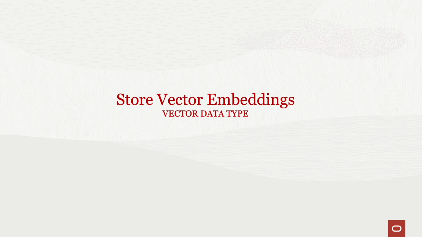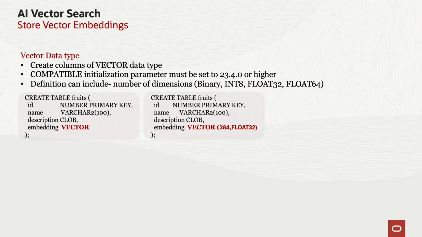To store these vector embeddings, Oracle AI Database 26AI introduces the vector data type, enabling you to store vector embeddings directly alongside business data. You can create one or more columns of the vector data type in your standard relational data tables. The vector data type definition can include number of dimensions and format.